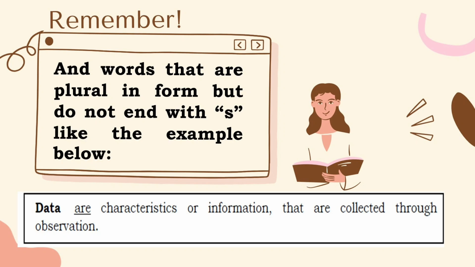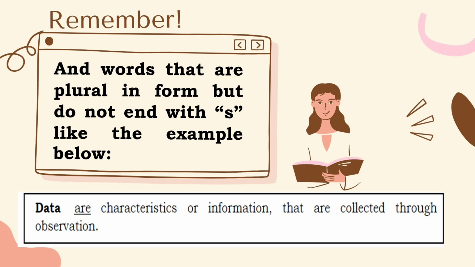And since we have singular terms that end with s, we also have plural words that don't end with s. You should also remember that there are words that are plural in form but do not end with s, like the word data.